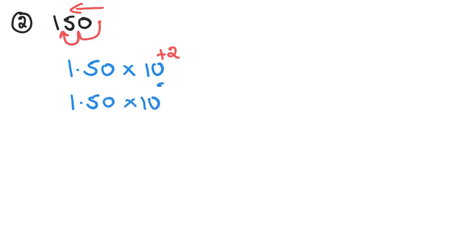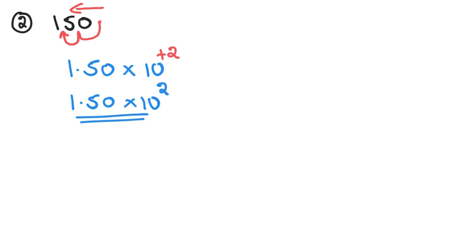So my number now has become 1.50 into 10 to the power what? Because I have moved the decimal point towards the left by 2 digits, I will add 2 to the power. So the number in standard form now is 1.50 into 10 to the power 2. That is the answer written in standard form.